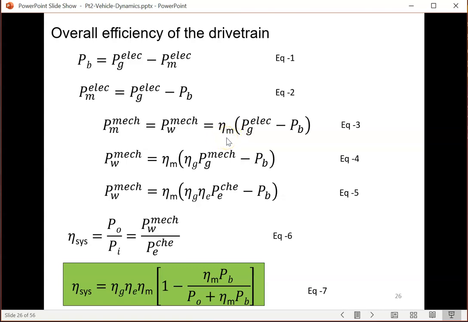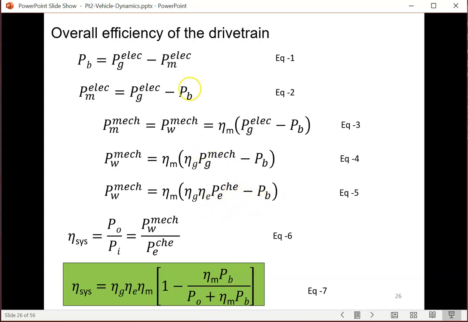Now we are talking about driving mode, or motoring mode. If you look at this, PG, the electrical power of the generator, can be converted into the mechanical power of the generator. There's something not quite right there.